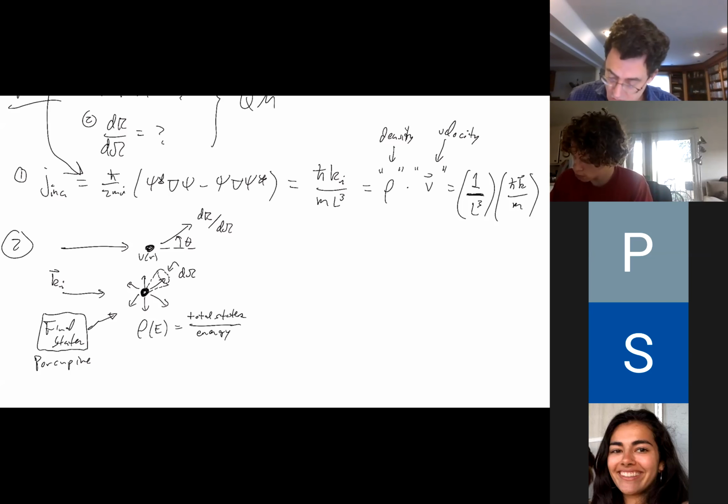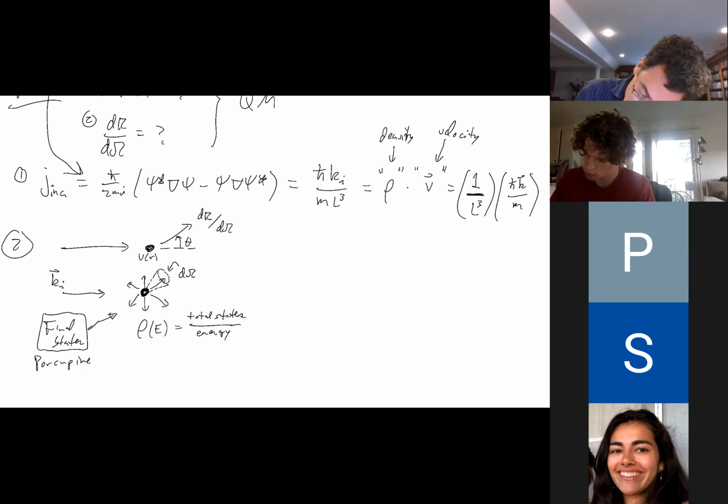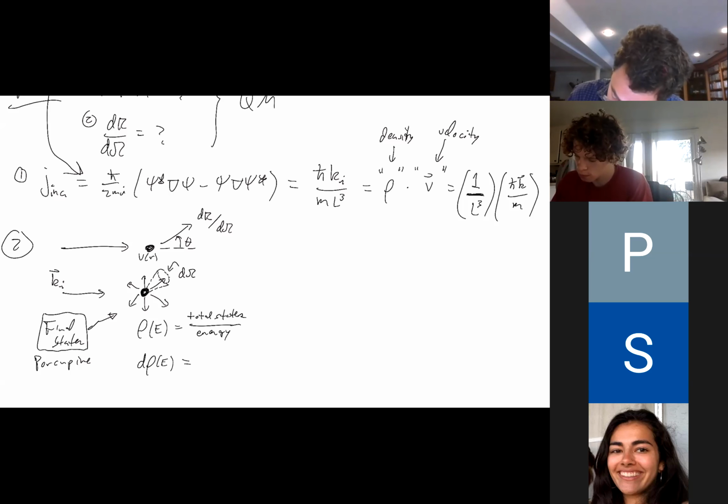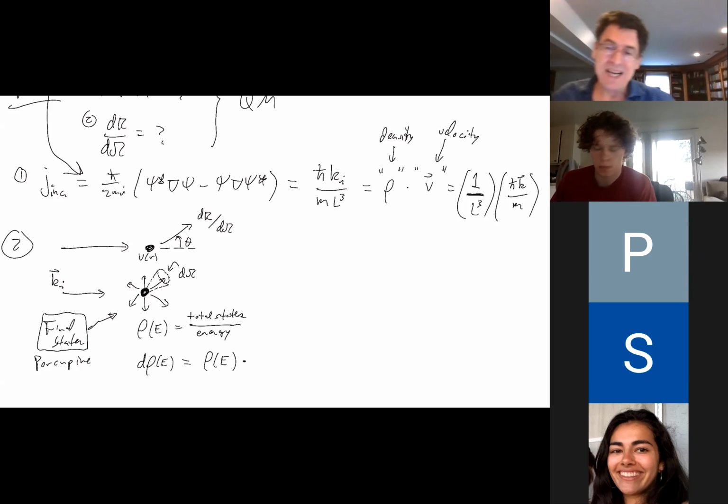And what we can do is we only care about a small number of them, d rho. That's going to be equal to the total number of states times a ratio. Can you tell me what that ratio is?